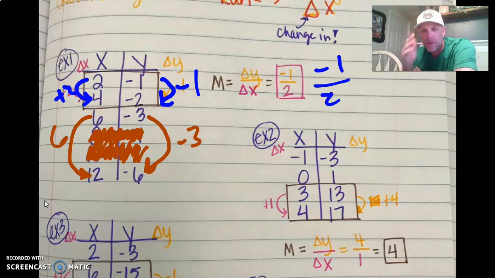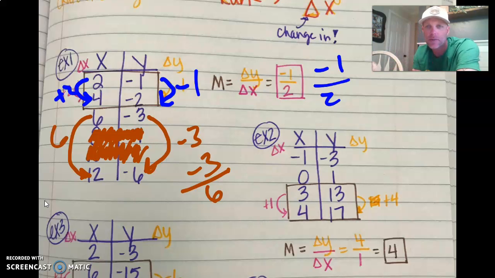So if we put the rise, meaning the y, on top, which is negative 3, and the x, the horizontal, or the run, on the bottom, that is negative 3 over 6, right? Well, what does that equal? It just equals negative 1/2, which is the same answer.